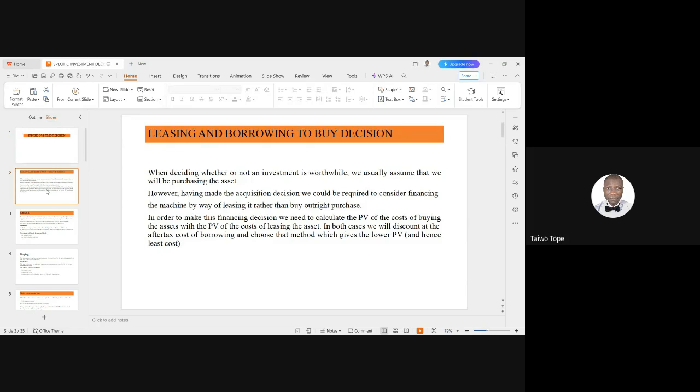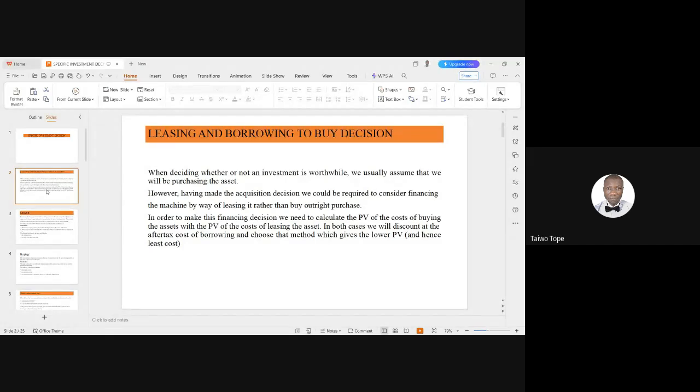Now, when we talk about investment decision, taking a look at the acquisition decision, it is very important that when evaluating an investment, say acquiring a machine, there are actually two different decisions to make. And one is the acquisition decision. And what does this entail?